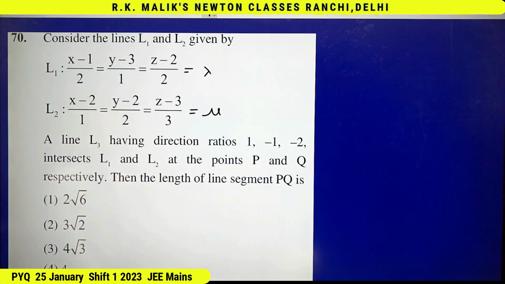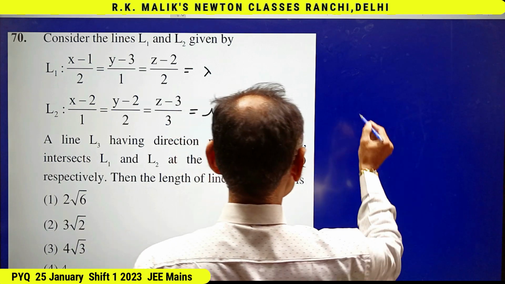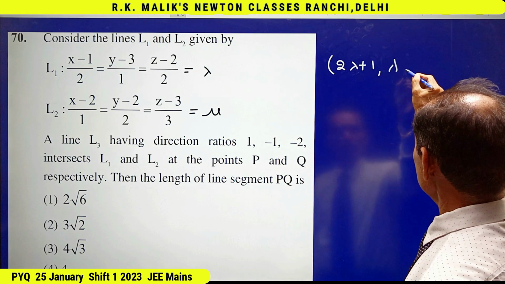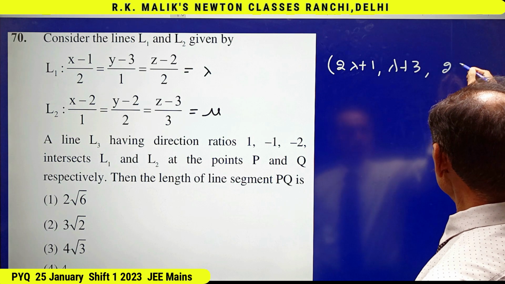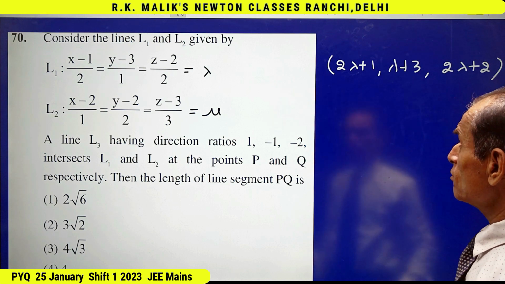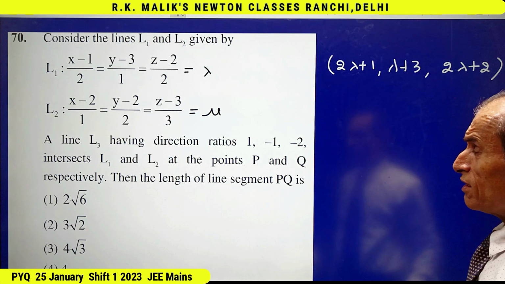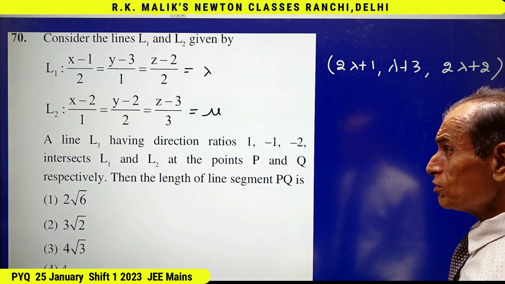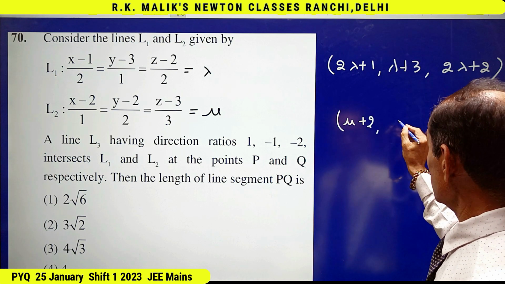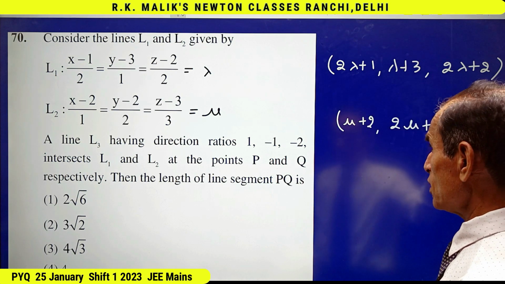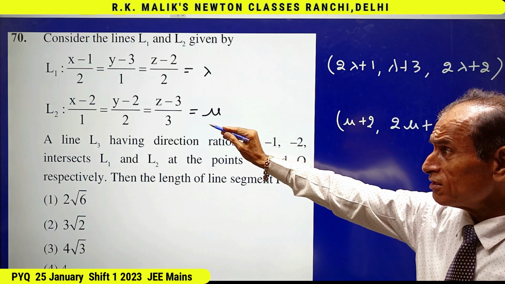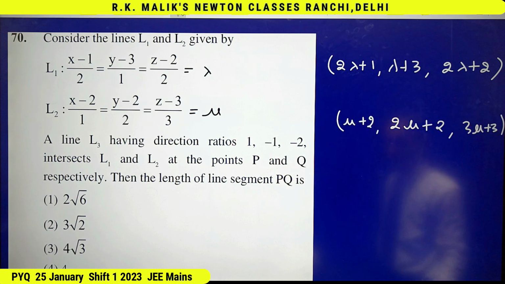Whatever is the value of lambda, the point (2 lambda plus 1, lambda plus 3, 2 lambda plus 2) will surely lie on this line for every value of lambda, and whatever is the value of mu, the point (mu plus 2, 2 mu plus 2, 3 mu plus 3) will surely lie on this line for every value of mu.